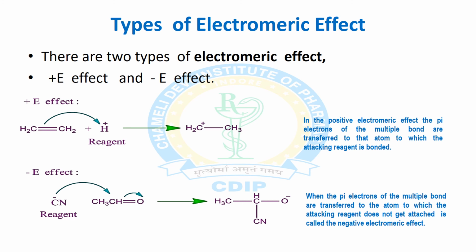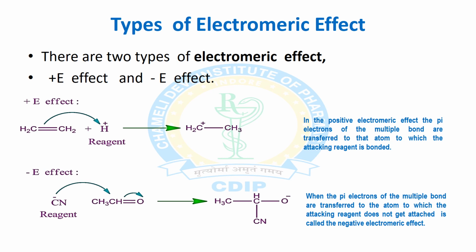The other atom becomes deficient in electrons and is converted into a carbocation. This is due to the attacking species, and the pi electrons of the multiple bond are transferred to the atom to which the attacking reagent is bonded. This effect is known as the plus E effect.